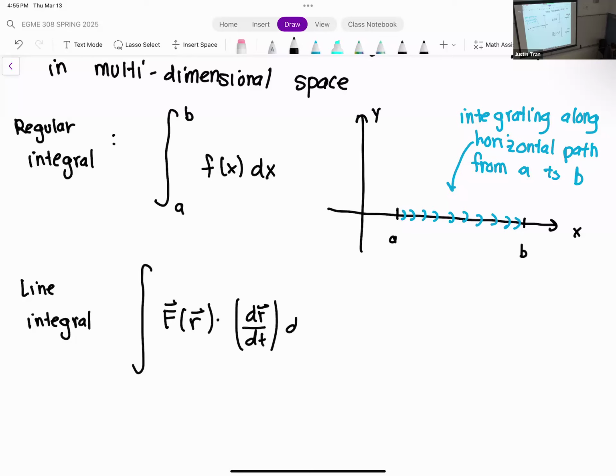Again, maybe we are integrating between two points A and B, but now this A and B has an abstracted meaning. Instead of being just locations on the x-axis, these A and B are just arbitrary points in two-dimensional space.